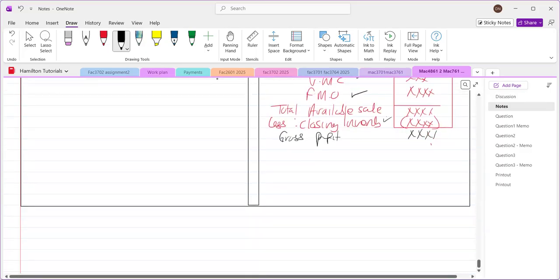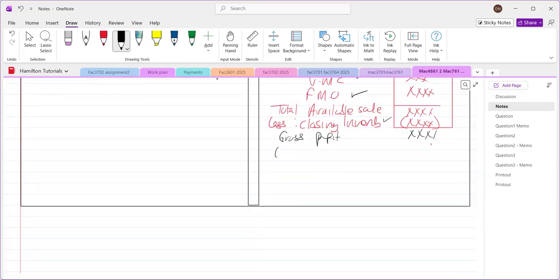From the gross profit, we then say less periodic costs, or we can say non-manufacturing costs, because all the manufacturing costs we have already accounted for. But we have non-manufacturing costs.